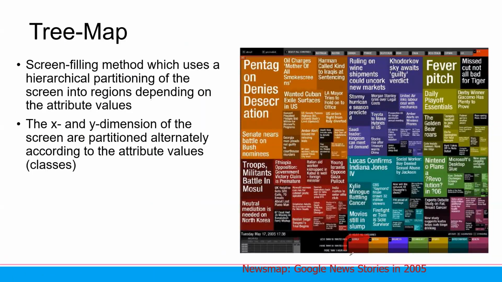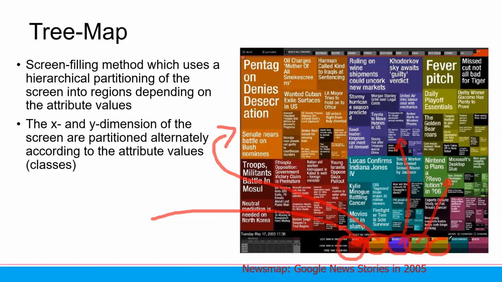Let's say the red color represents the world, the orange or almost yellow color represents the nation, the purple represents business, and the green represents technology.